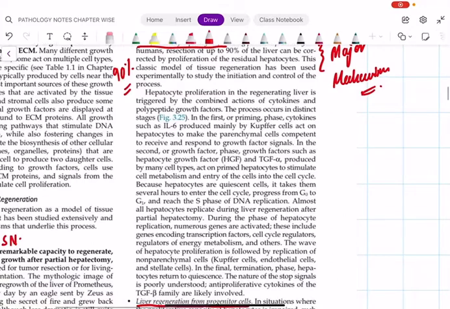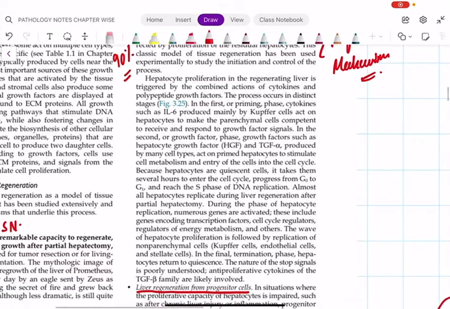These cytokines and growth factors stimulate the remaining hepatocytes to produce other growth factors, because I told you hepatocytes are usually in G0, the quiescent or dormant state. These growth factors facilitate the conversion of cells from G0 to G1 phase, S phase, and finally help in liver regeneration.